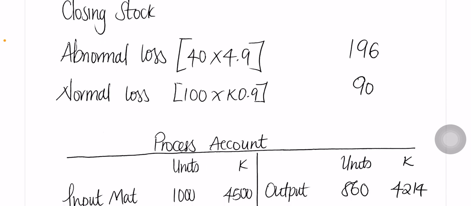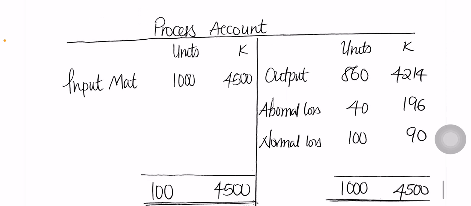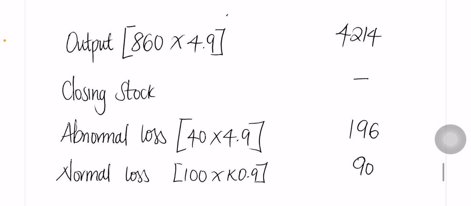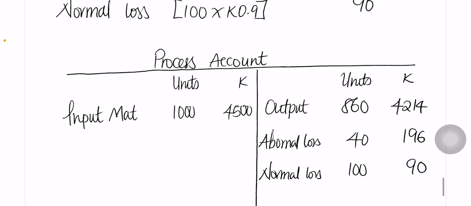Next up is our process account. On the debit, we have input, material, and other factors of production. So input of material is 1,000 times 4.5, giving us 4,500. Output from our work in here was 860 units at 4,214. Abnormal loss was 40 units, valued at 196.